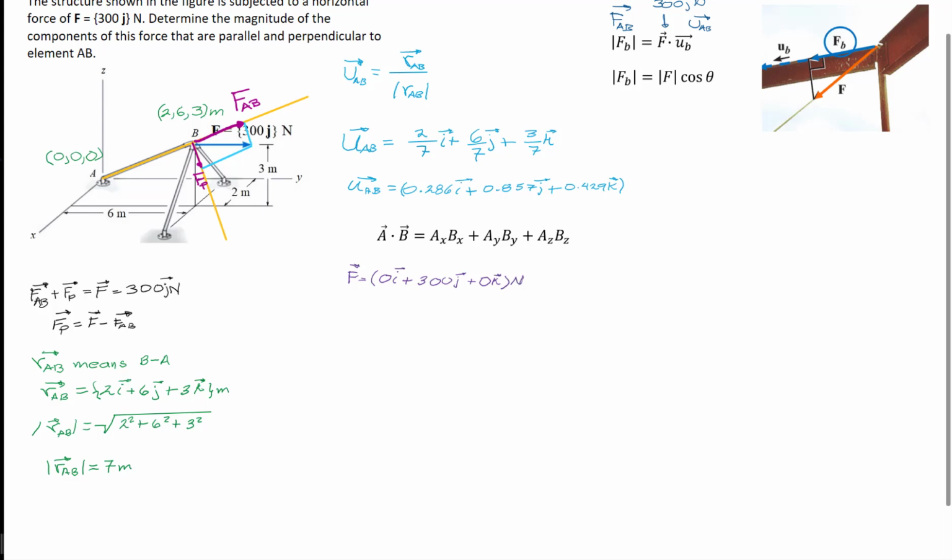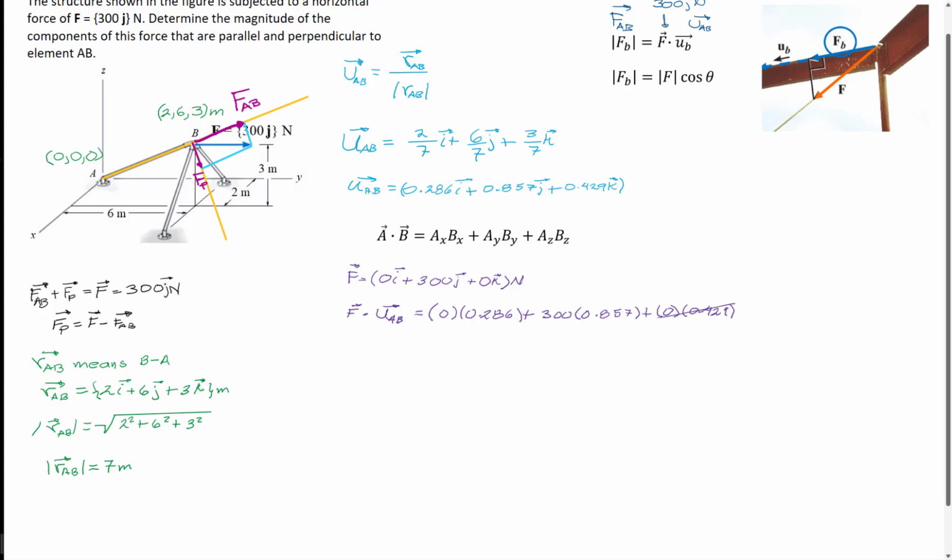So if we apply this formulation, I can do it for F dot unit vector UAB. It's equal to the product of the corresponding components. So 0 times 0.286 plus 300 times 0.857 plus 0 times 0.429.